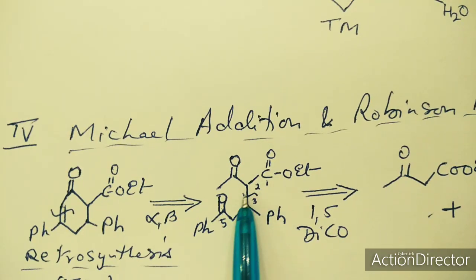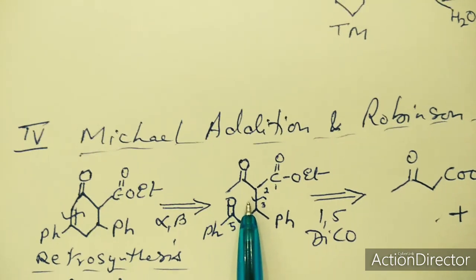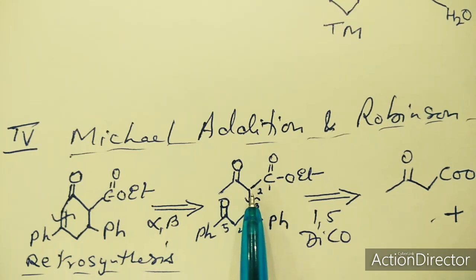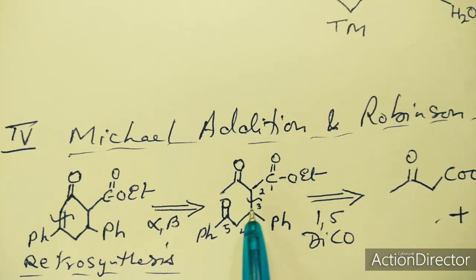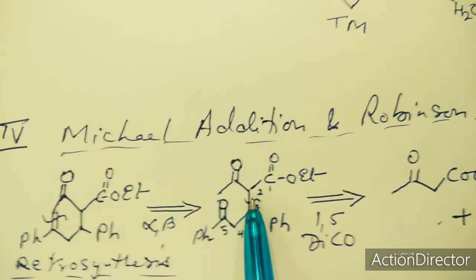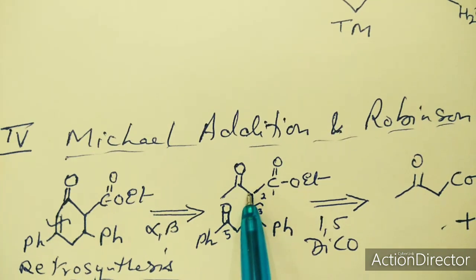And as soon as we see 1,5-dicarbonyl, we know that we have in the picture a Michael addition. Therefore in a 1,5-dicarbonyl, one will be a Michael acceptor, the other a Michael donor. So it will disconnect in such a way, because we know we have these two.